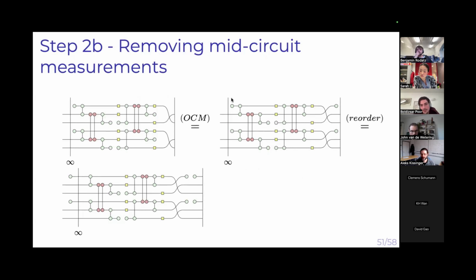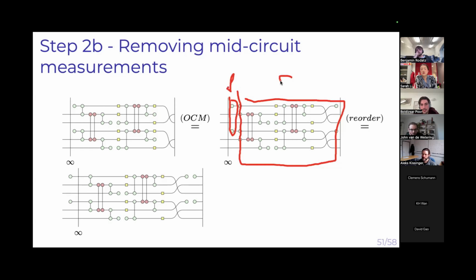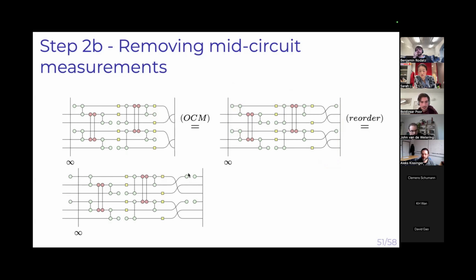This is the reorder rule we have seen before, where you drag this part out and this part out. So this was F, this is G, and then in the infinite measurement, now you have this F before, and then GF, GF, GF.